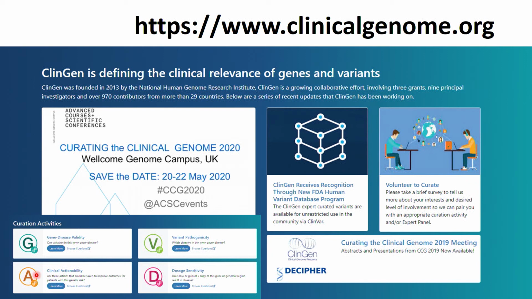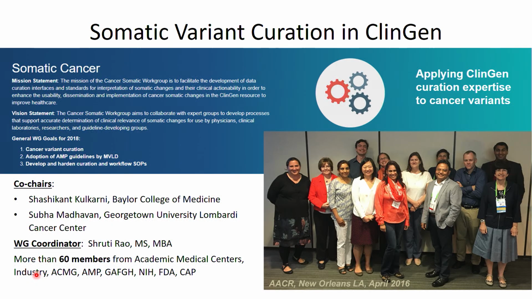But what we are mostly familiar with are different initiatives within ClinGen that are related to constitutional genetic testing and hereditary genetic diseases. So it's a little less known that there is also a somatic initiative within ClinGen, and there is a somatic variant curation work group that has been very active and was started in 2015.